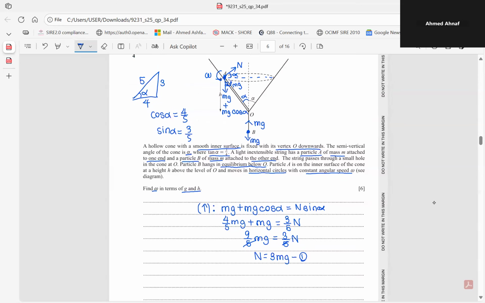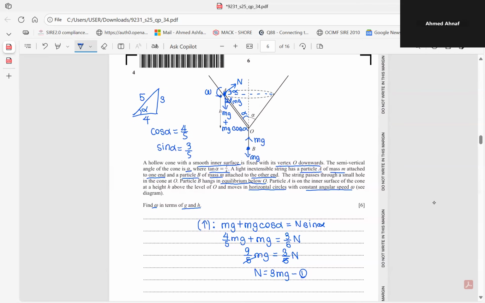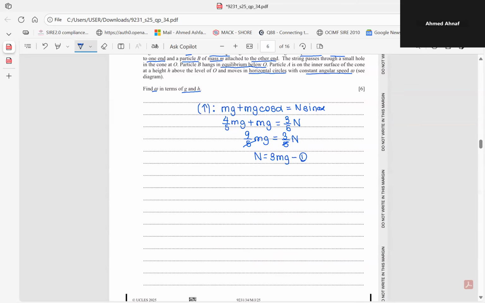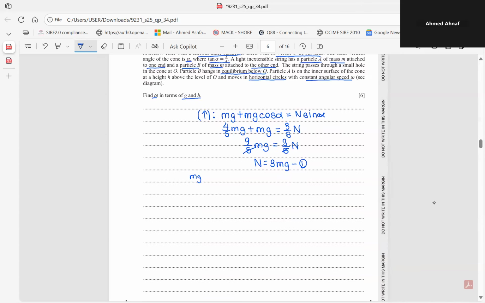Now we're going to find the centripetal force, the horizontal force acting on A. We have the horizontal component of the tension, which is mg sine alpha, as well as the normal contact force, which is N cosine alpha. We equate the horizontal force, which is also the centripetal force because it acts towards the center of the circle.